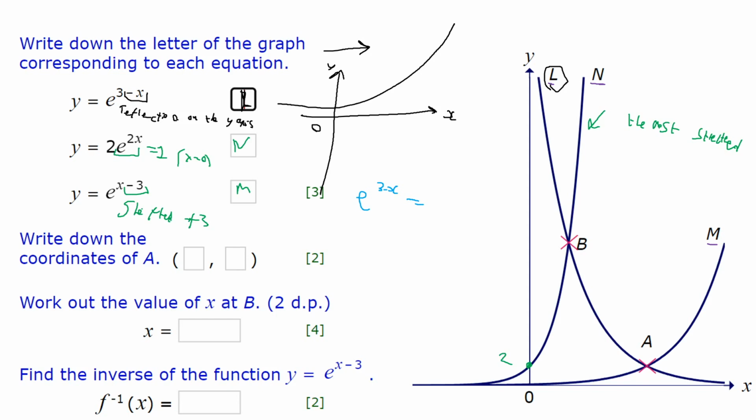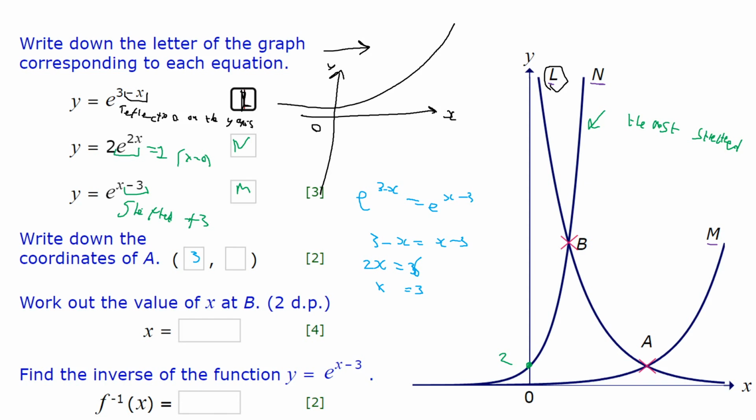So that's e to the x minus 3. So therefore, 3 minus x is equal to x minus 3. And so 2x is equal to 6, and x is equal to 3. That's point 1.